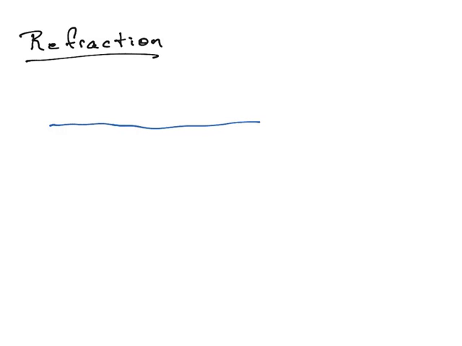Next, what I want to talk about is what's called refraction. And refraction is an effect that is observed with light, where when light travels, for instance, let's say here's some water. So down here is water, up here is air. And light's coming in, it hits the surface of the water.